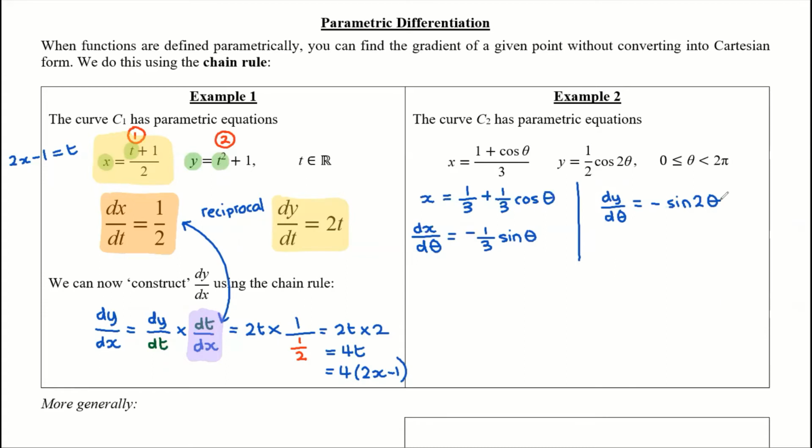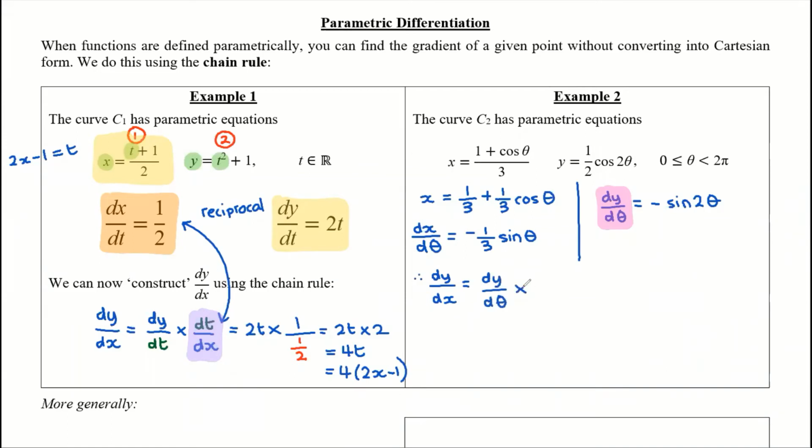Now, to construct dy by dx, well, I'm going to keep the dy by d theta as it is. Okay, nothing wrong with that. Dy by d theta is here. So let's write that out. So dy by dx equals dy by d theta, no change.